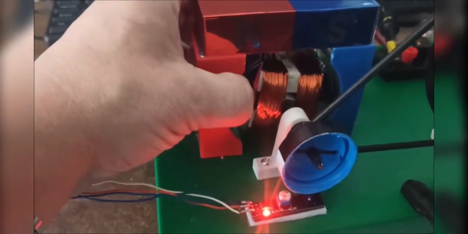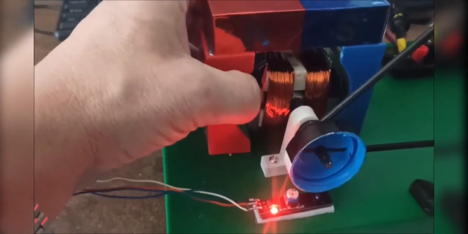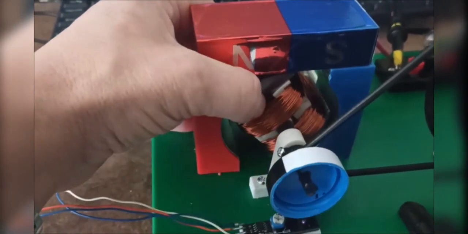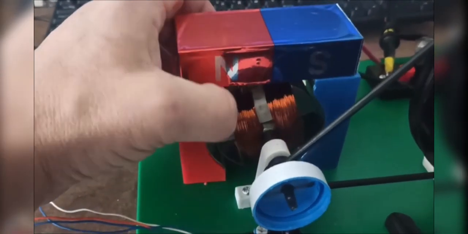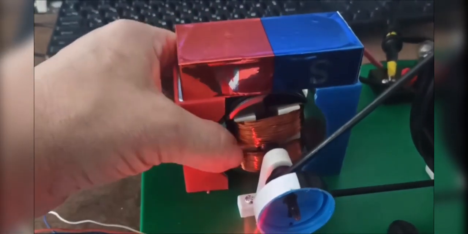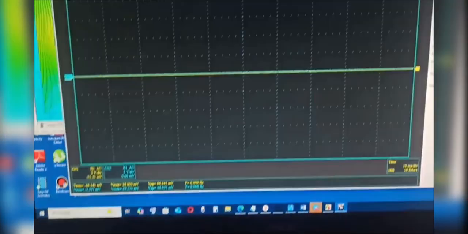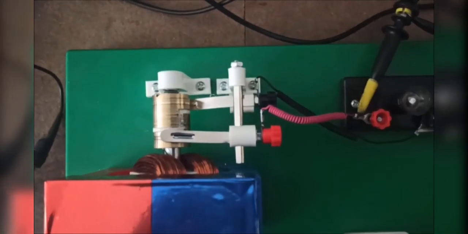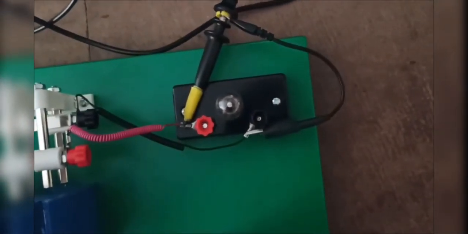A disc with a white-black stripe is installed on the anchor shaft, to which the line sensor is oriented. The white stripe is a logical 1, the black stripe is a logical 0. The blue beam of the oscilloscope is connected to the output of the line registration sensor from the Arduino. We can observe and record the position of the anchor on the computer screen, to which the oscilloscope monitor is connected.